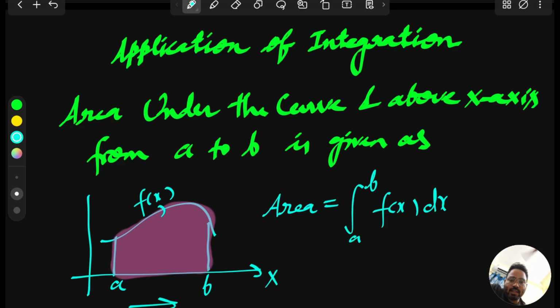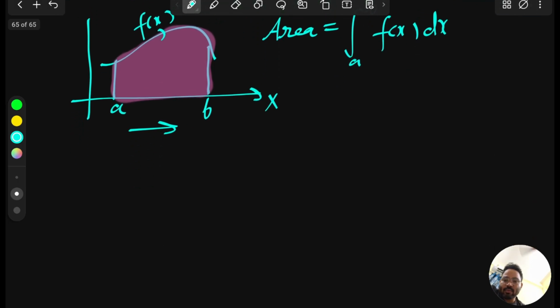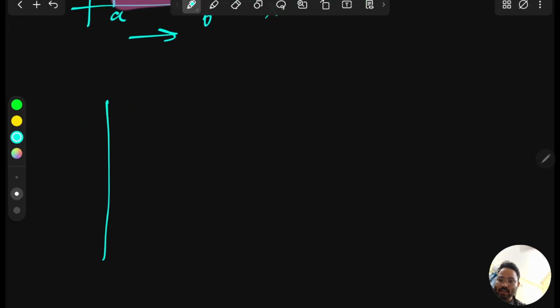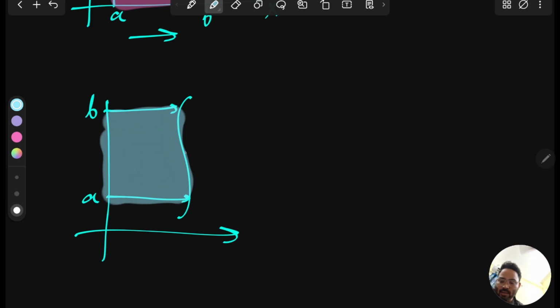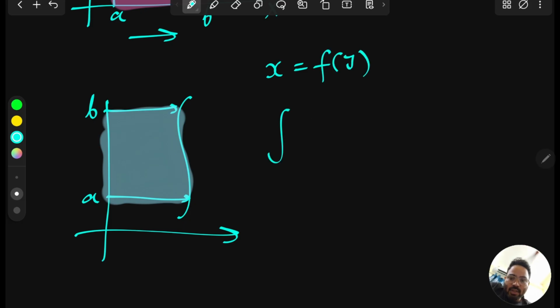Now you can also find the area if your curve is moving along the y-axis. See, if your curve is like this and you want to calculate the area from here to here, say this is a and this is b, then the function is of the form x equal to f(y), and we integrate with respect to y, from a to b of f(y) dy.